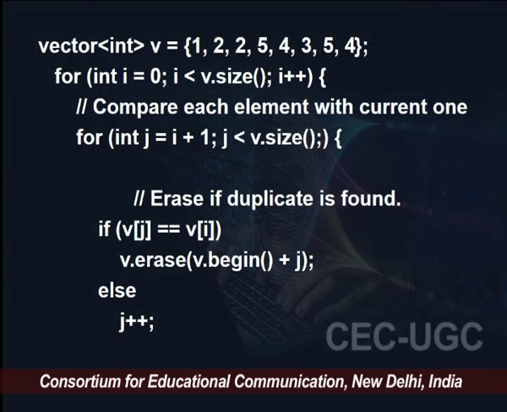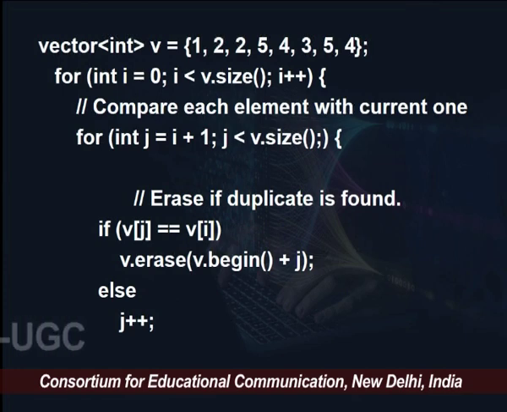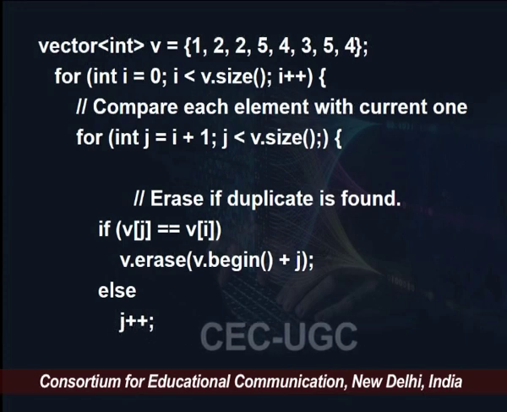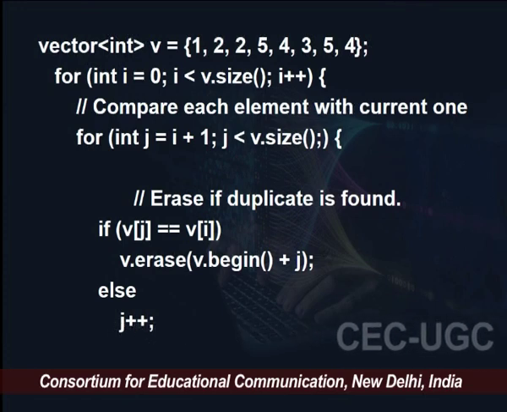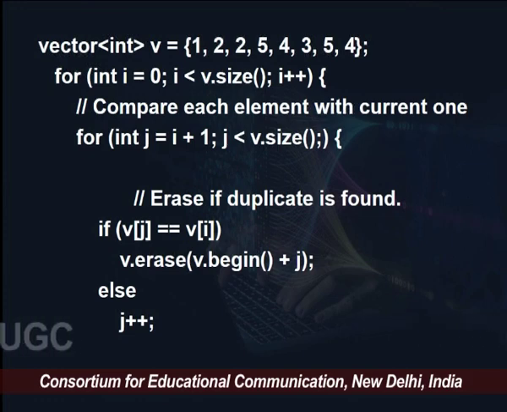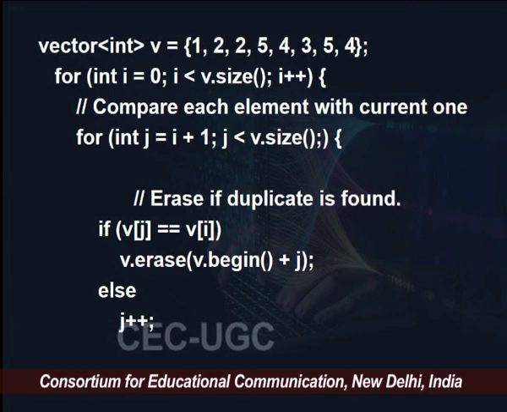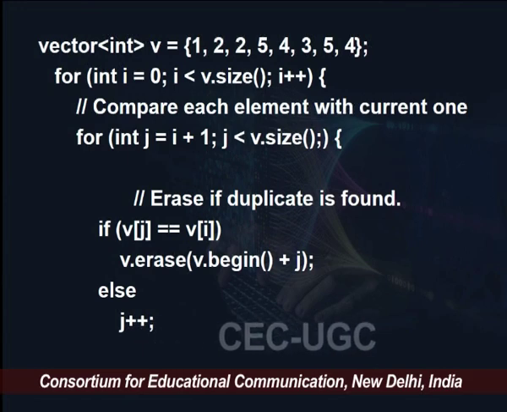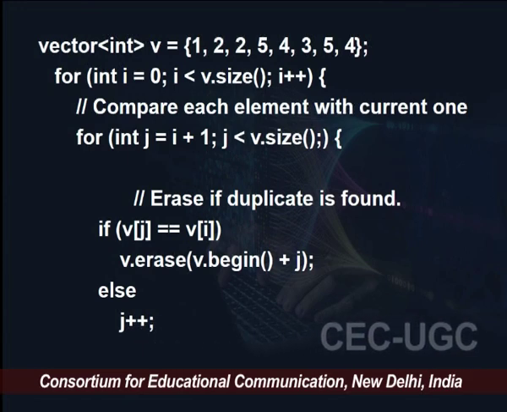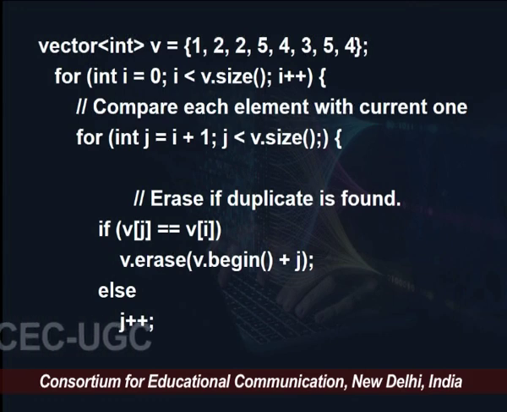We have int i = 0, i less than v.size(), i++. So all the elements of v will be taken, and for int j = i + 1, j less than v.size(), we are going to compare the neighboring elements basically. These two loops are very similar to the loops of our bubble sort.